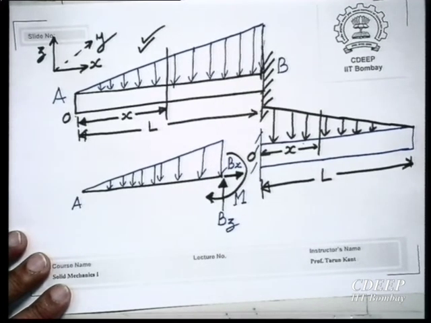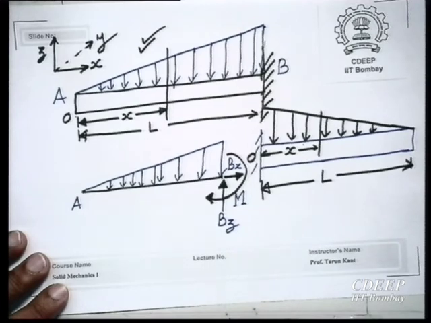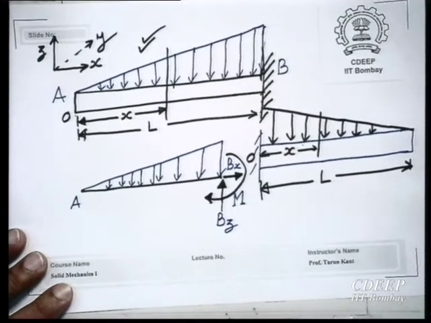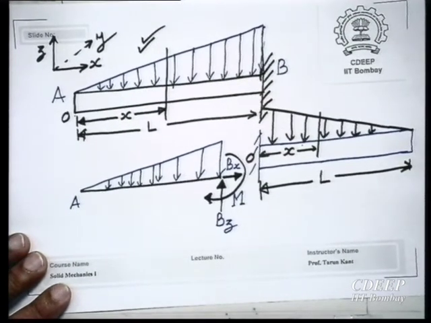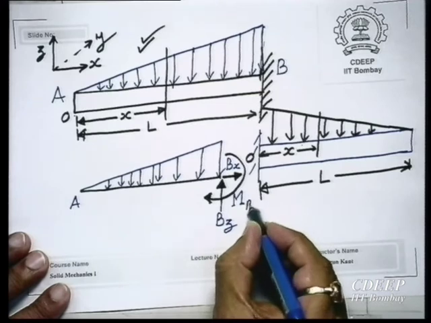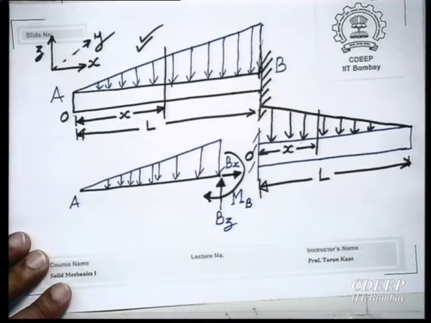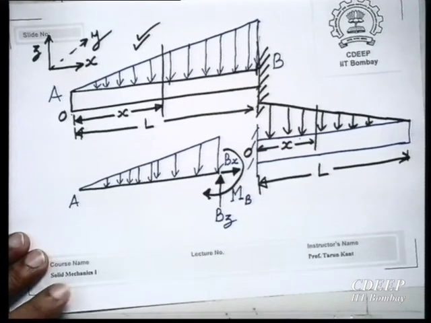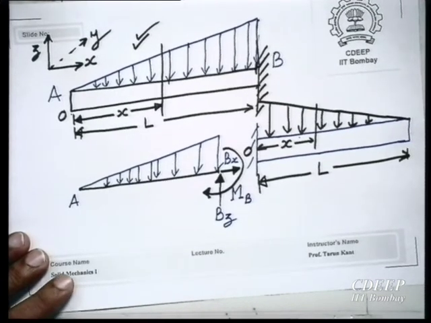Moment is restraining rotation, so I will call it moment at point B. Positive moment at point B. So, like this, MB. If I use the letter BY, there are some books which use a double subscript, BYY.